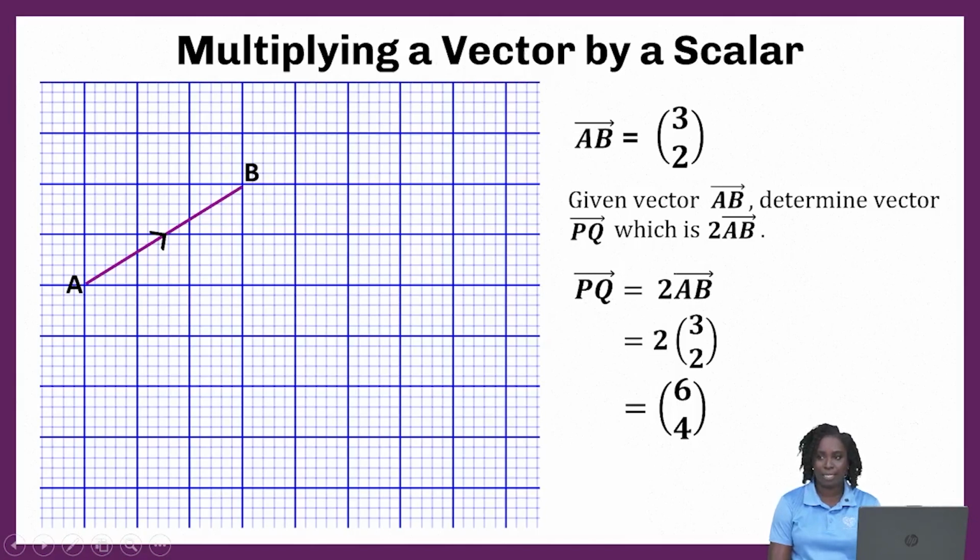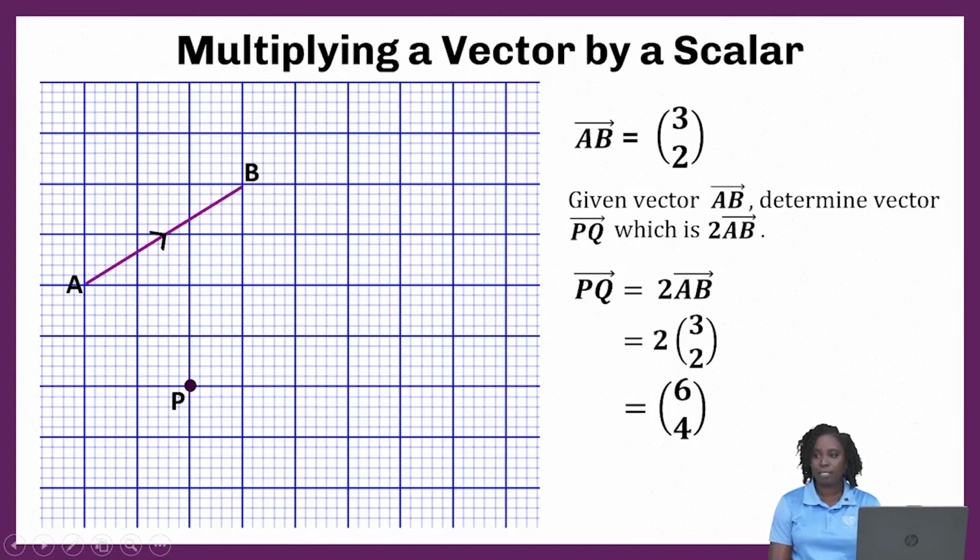We're going to now place this on our graph. So we choose any point and call it P. So that's the point that I would have chosen. Now, how are we going to find out where Q is supposed to be? Well, we need to use our position vector (6, 4). So it tells us that we need to move to the right 6 places and up 4 places.